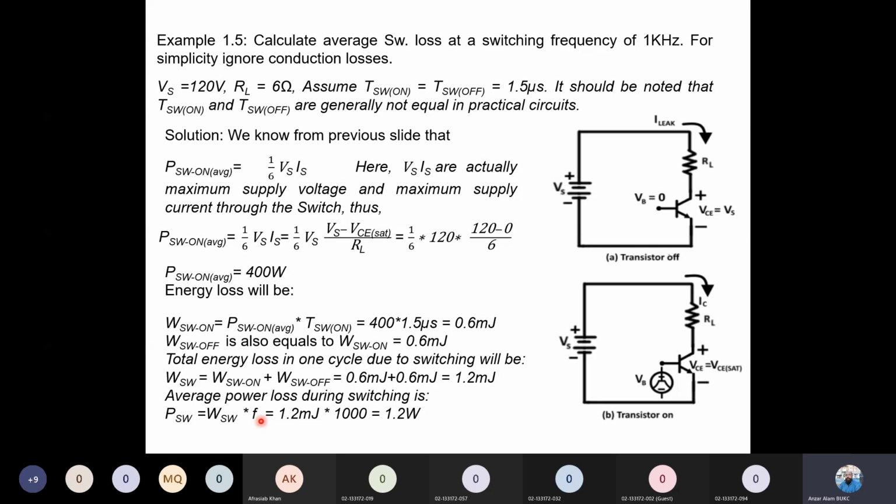So the average power loss during switching is 1.2 watt. Now suppose the frequency is very low, then this becomes even smaller. If the frequency is very high, then probably this will increase, and we will see that soon.